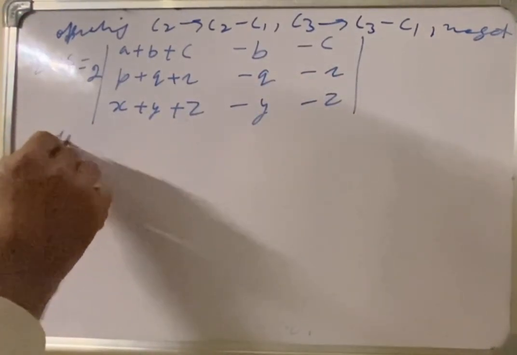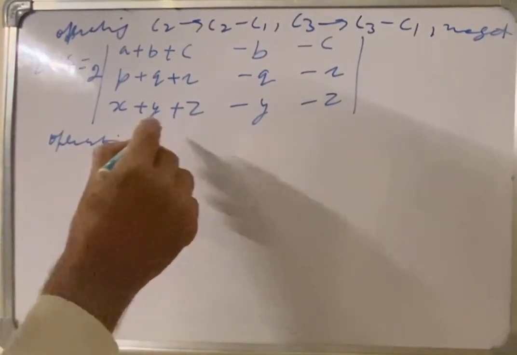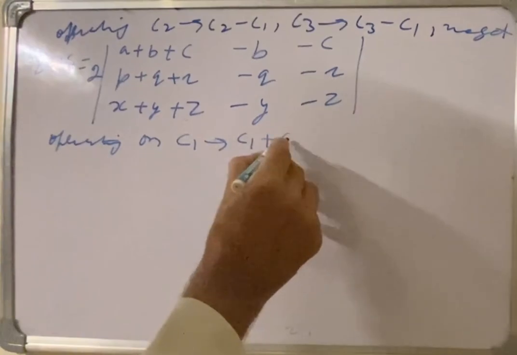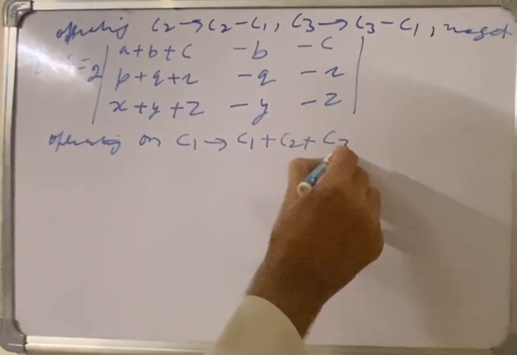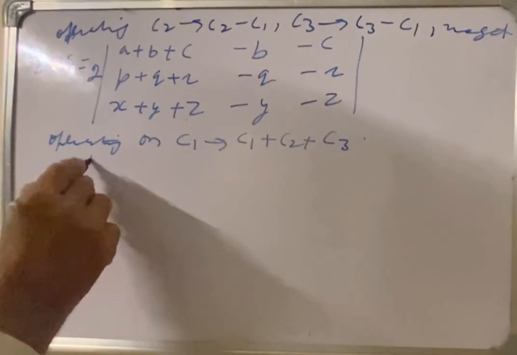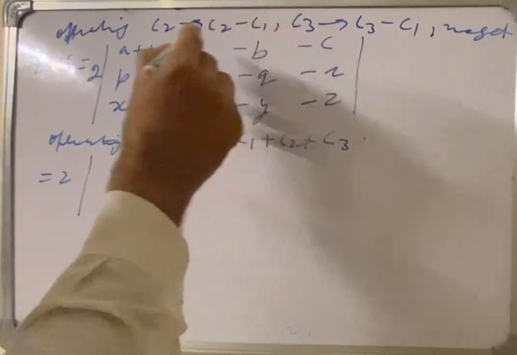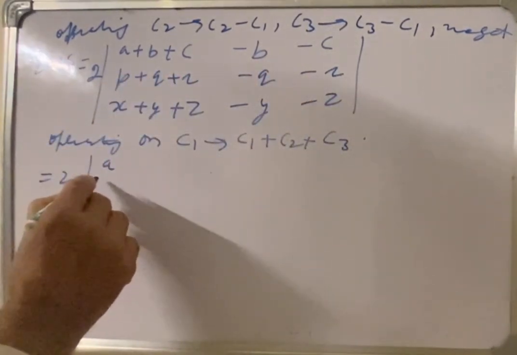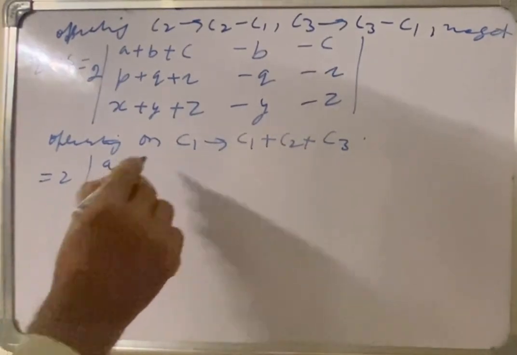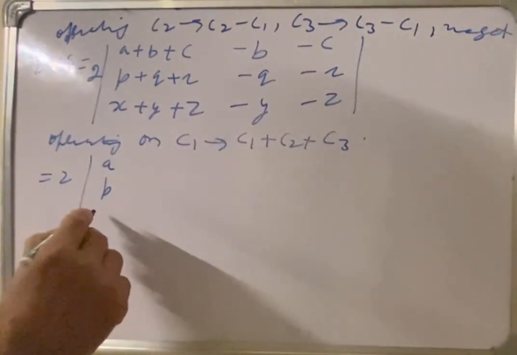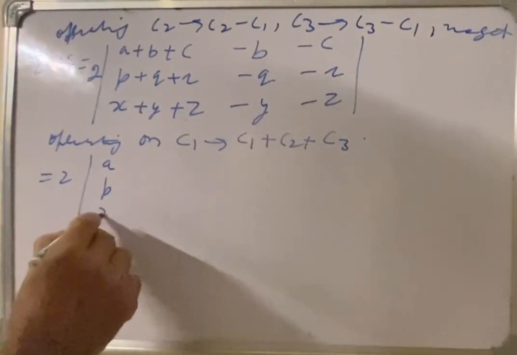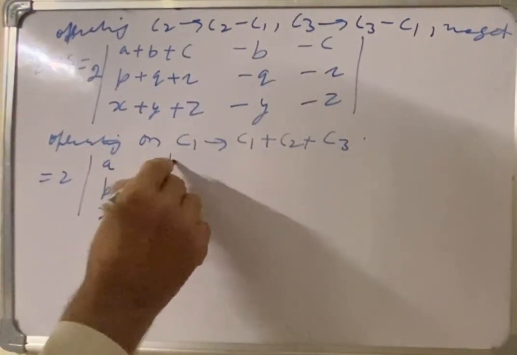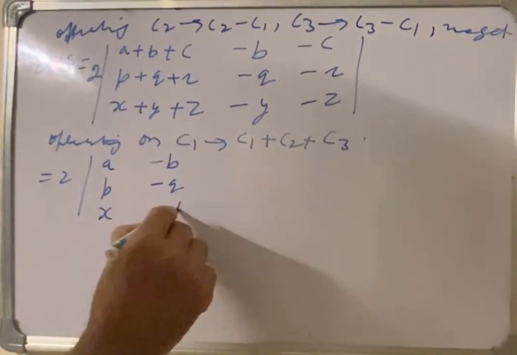Then operating on the first column, C1 goes to C1 plus C2 plus C3. So we have 2 into: b and c will be cancelled, we are left with a. q and r will be cancelled, we are left with p. y and z will be cancelled, we are left with x. The second column is minus b, minus q, minus y.